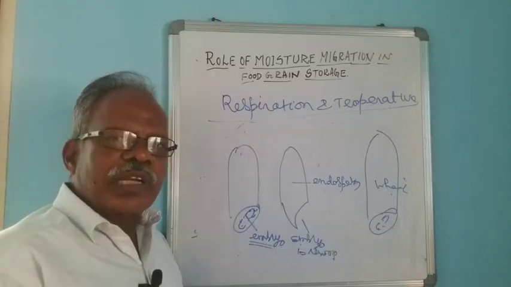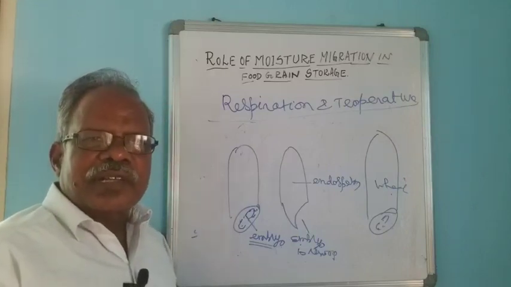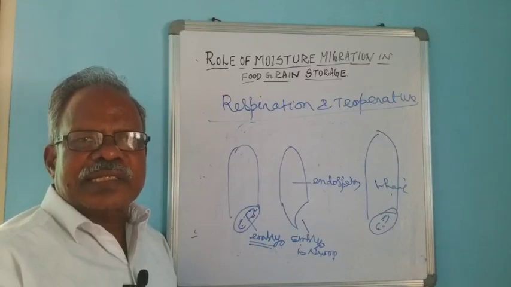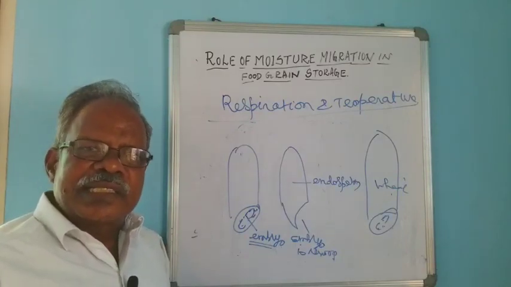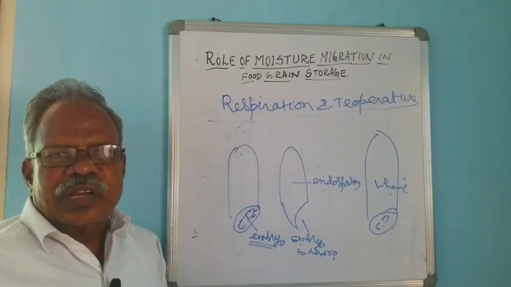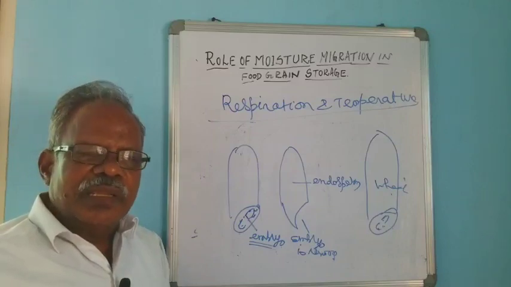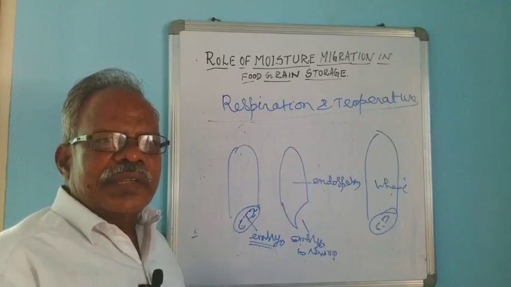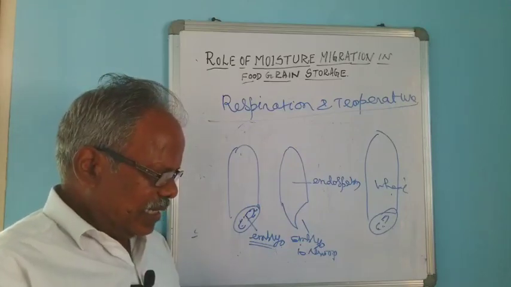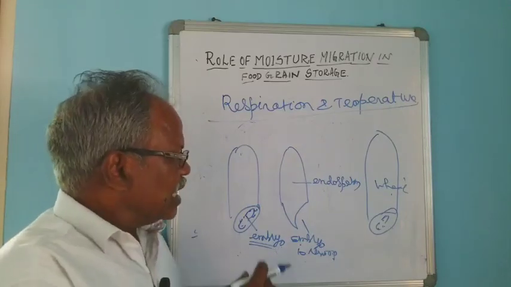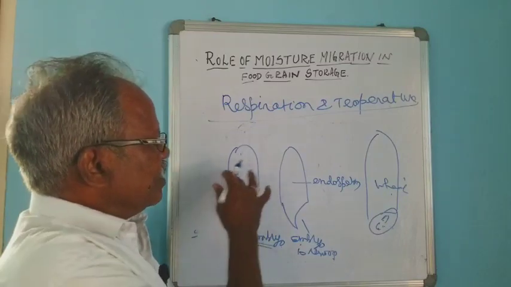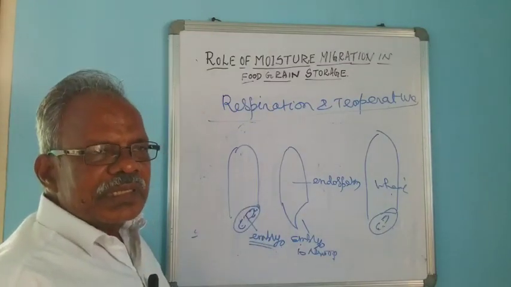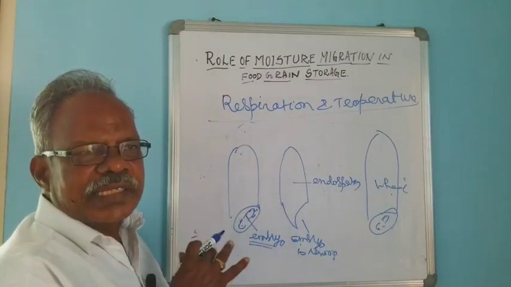If more carbon dioxide is there during respiration, it will control things. Excess carbon dioxide is well and good for the control of insects also. There may not be much hazard, but it is well and good if it is aerated properly. That is with regard to respiration and temperature. During respiration, the temperature is also increased.